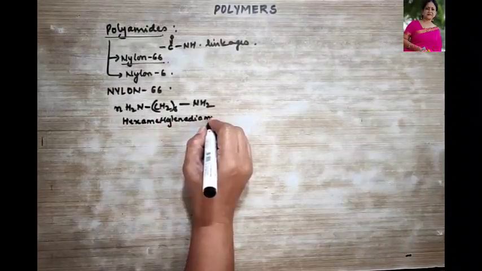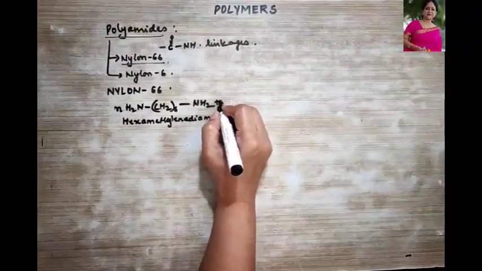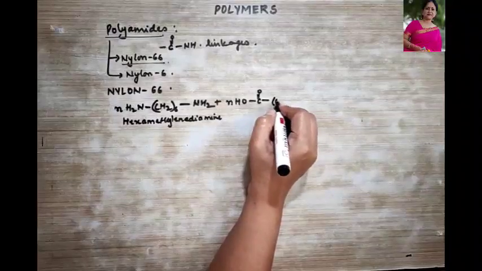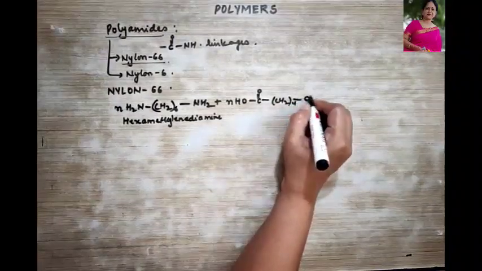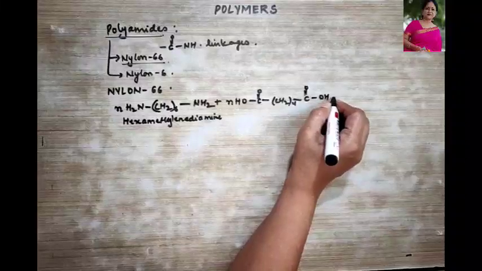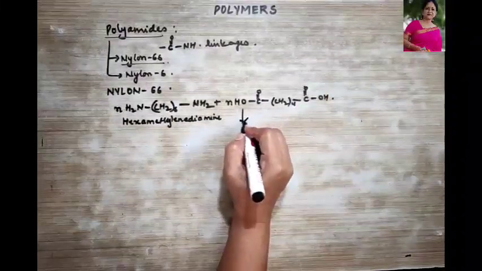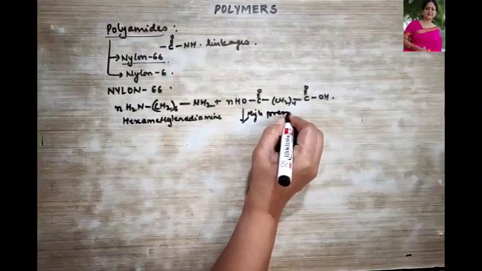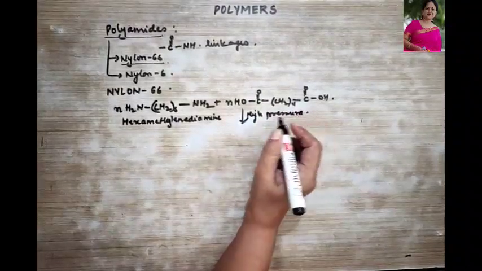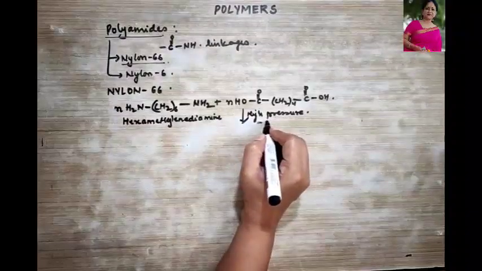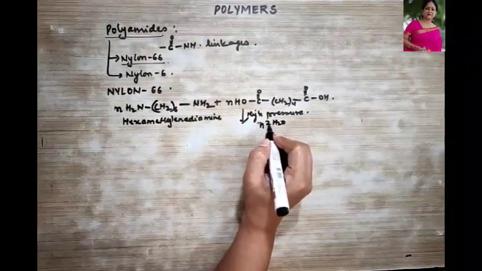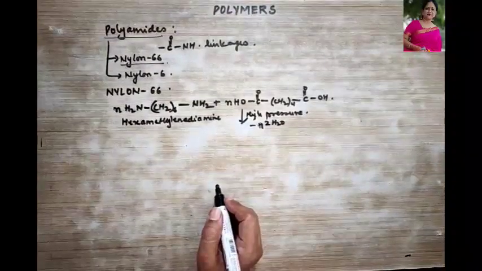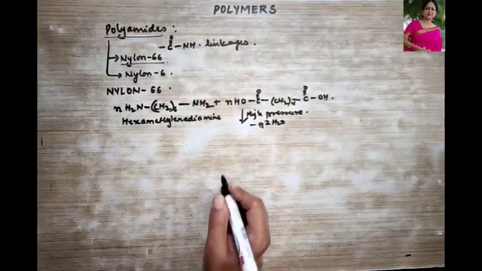When it reacts with HOC double bond O CH2 4 C double bond OOH, at high pressure it will give out n number of 2 water molecules and form nylon 66.